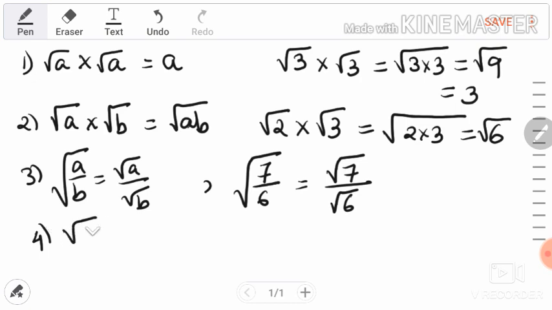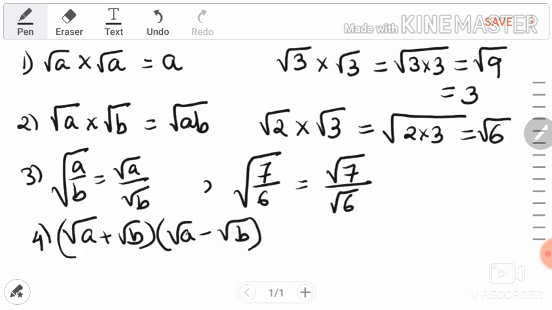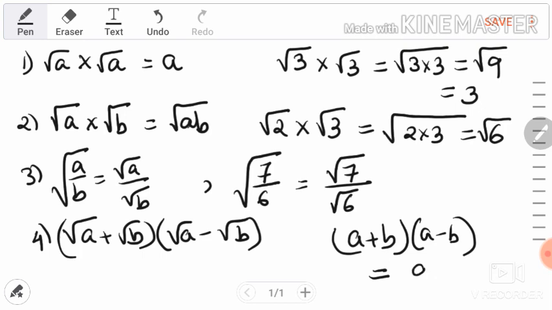Fourth property, root a plus root b into root a minus root b. This is like the expression a plus b into a minus b. So this identity is a plus b, a minus b equal to a square minus b square.